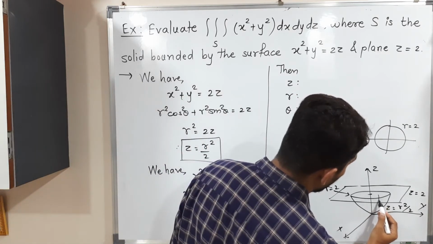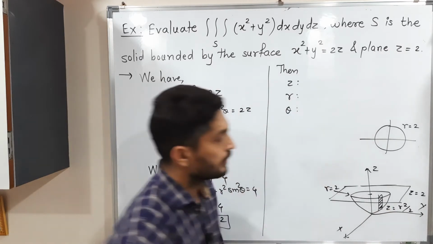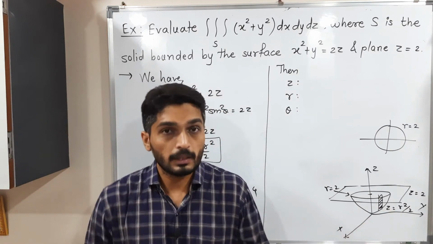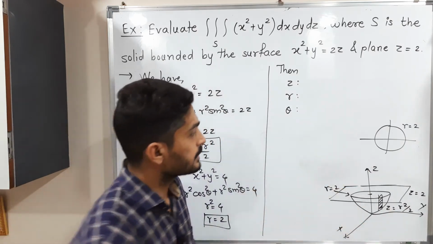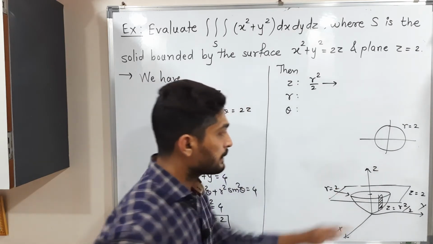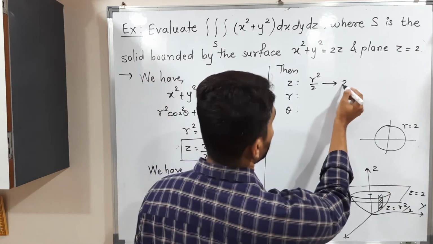Here the strip will be like this. Initially the strip will be like this. The strip is bounded below by the paraboloid, whose equation is z is equal to r square by 2. The strip is bounded above by the plane, whose equation is z is equal to 2.